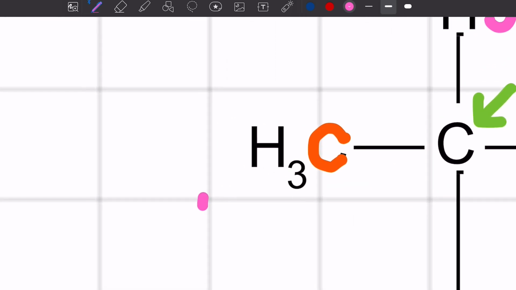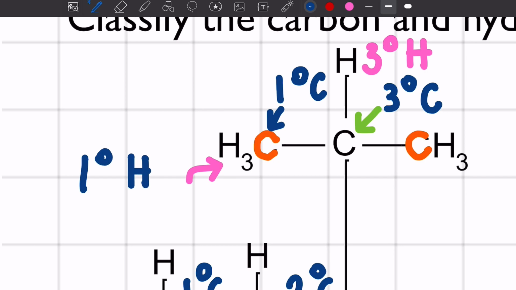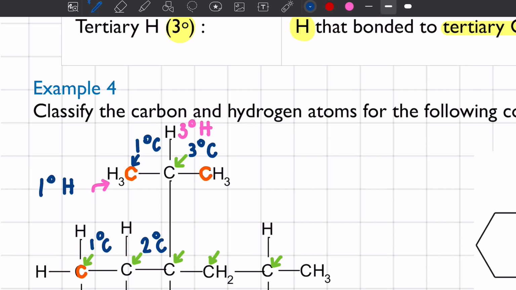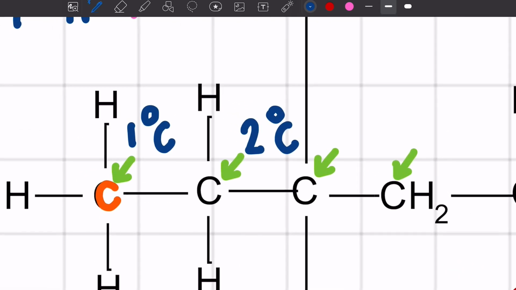Macam contoh this hydrogen. Okay, so carbon tu adalah carbon yang ini adalah primary carbon kan? Kenapa? Sebab dia bonded to one carbon. So this is primary carbon. So hydrogen itu akan jadi primary hydrogen. Bahasa mudahnya adalah hydrogen akan follow carbon. Okay. So mana lagi contoh? Okay, like this kan.